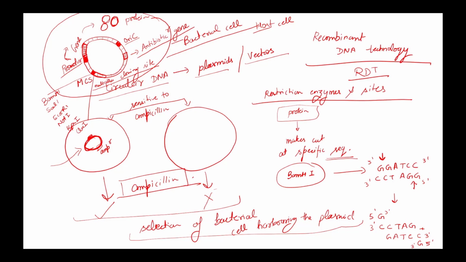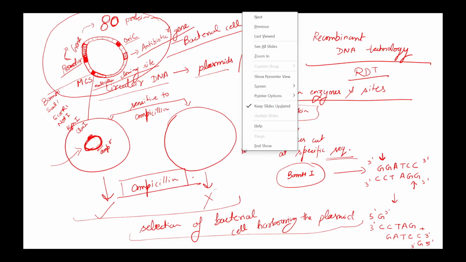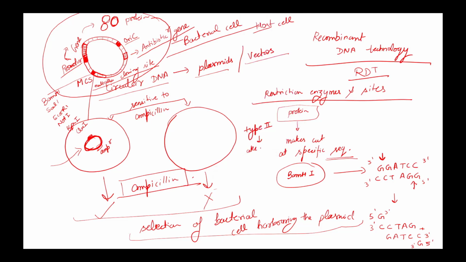BamH1, EcoR1, Not1, Kpn1 come under the type 2 restriction enzymes. Type 2 means they make a cut in the recognition sequences only.